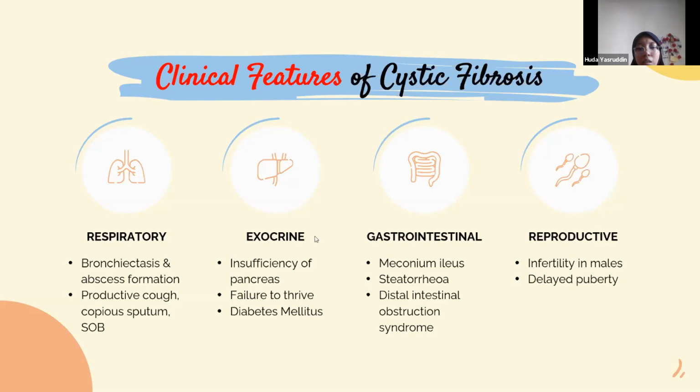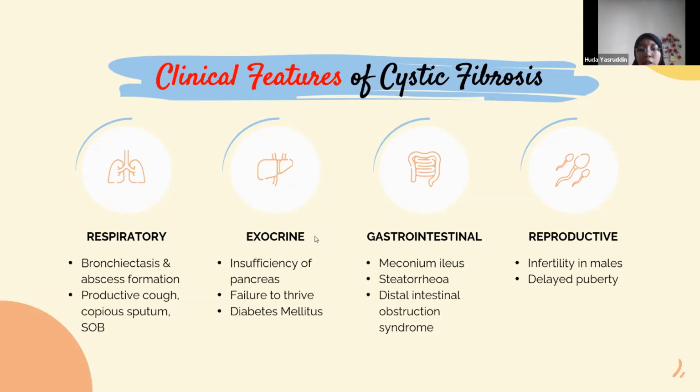And also in the GIT, especially in neonates, there will be meconium ileus. Meconium ileus is basically the thickening of the meconium, and this can cause intestinal obstruction. So the patient may present with abdominal distension and abdominal pain.